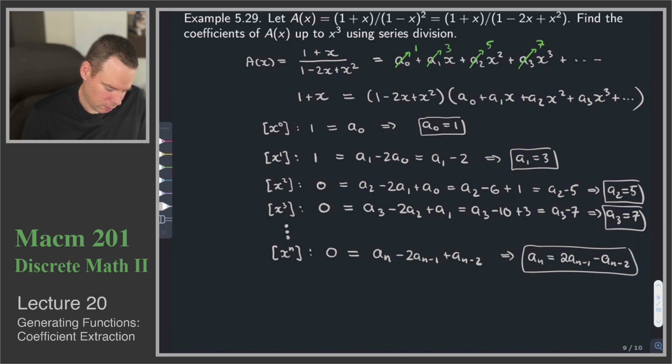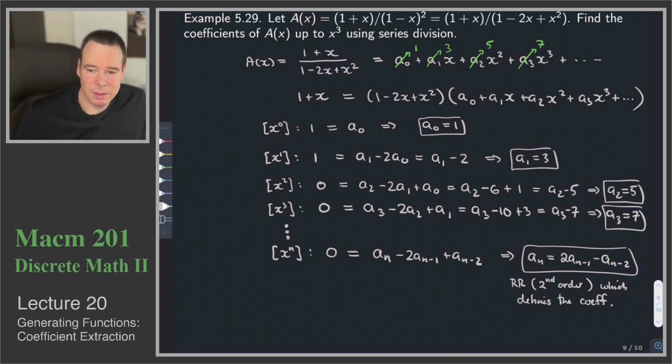And so we've got a recurrence relation, which is, in this case, second order, which defines the coefficients. And that's neat, because it tells us that we have a way to generate these coefficients recursively.